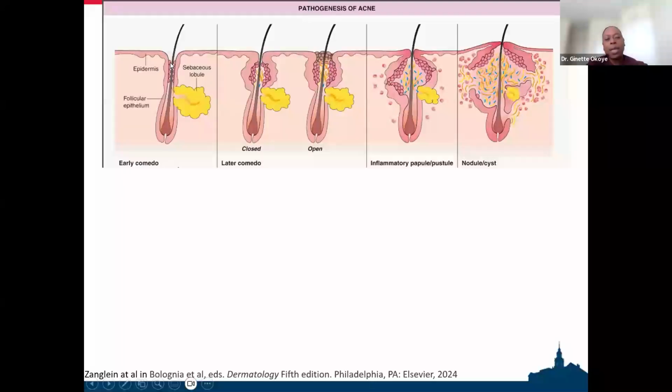And so what happens in acne is patients develop basically occlusion. They have dead keratinocytes, sebum or oil, bacteria, make a plug at the very top of the hair follicle here. So you hear people talk about their pores being clogged. Well, it's true. That is exactly how acne begins. And that's called a comedone.